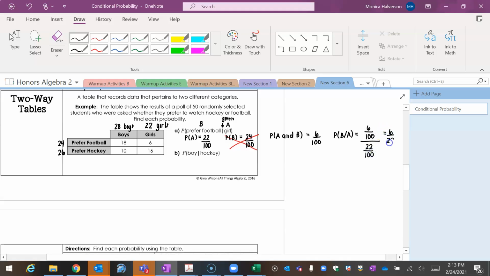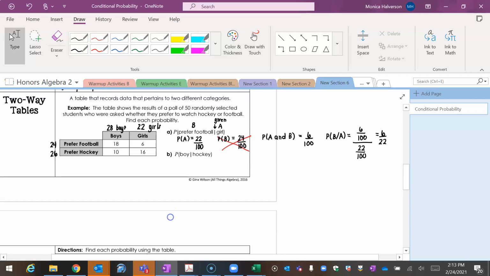So we get 6 over 22, which simplifies into 3 over 11. So two-way tables typically already give you the probability of both events occurring. Go ahead and try part B now.